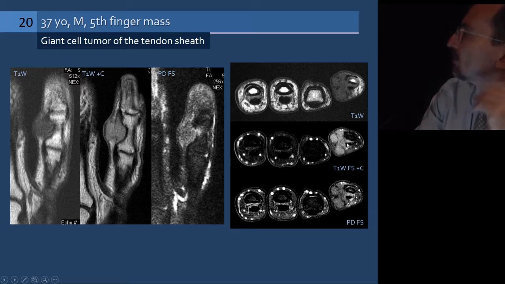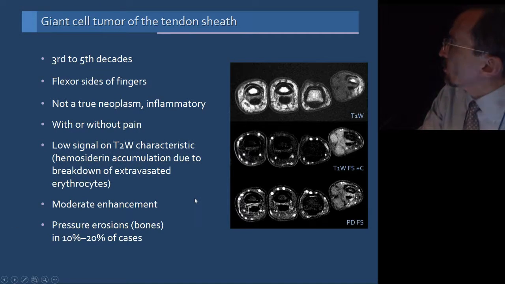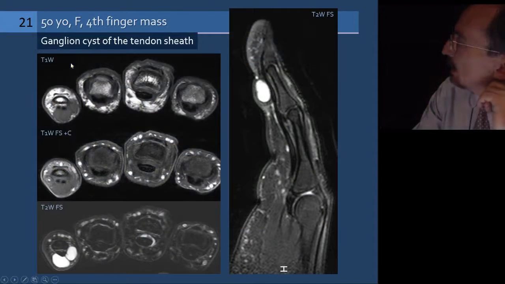They usually, if not always, enhance quite profusely with contrast, as shown here. And then about 10 to 20% of cases would show some pressure erosions on the adjacent bones. They are usually on the flexor side, and they are usually seen between the third and the fifth decades.